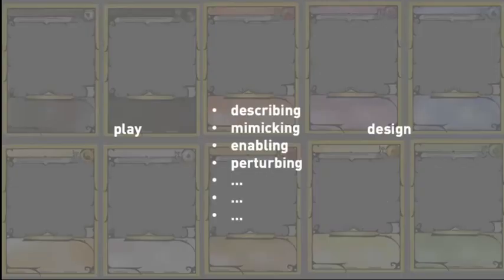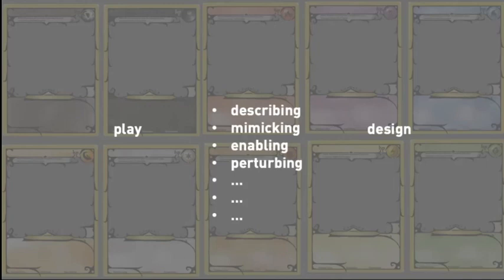And finally, we can observe in the examples that I have shown that the world of design and play can be brought together along different structuring categories. So play can describe design. That's what the design process game is about. It's literally a game that describes the experience of designers in the process.